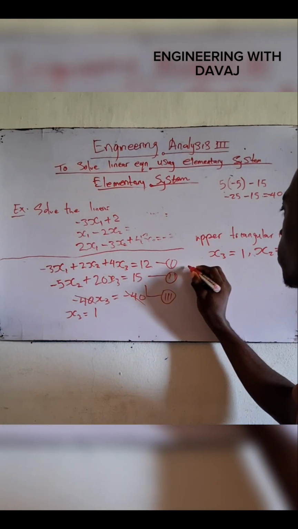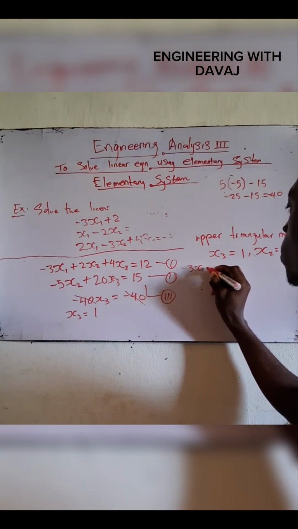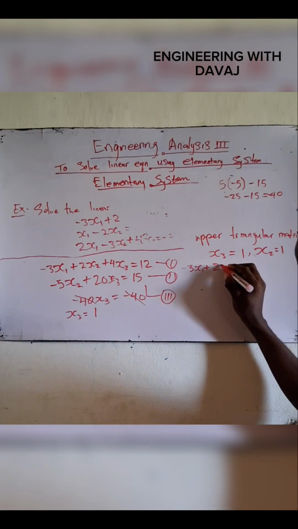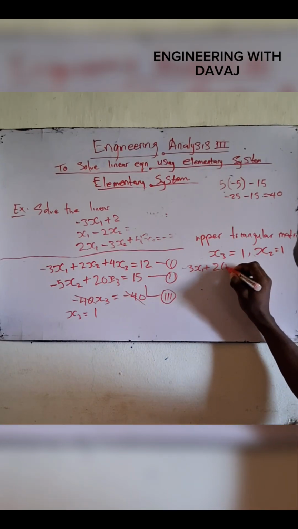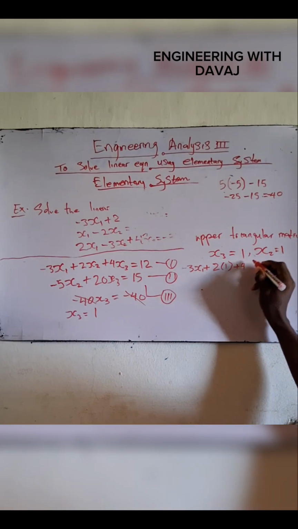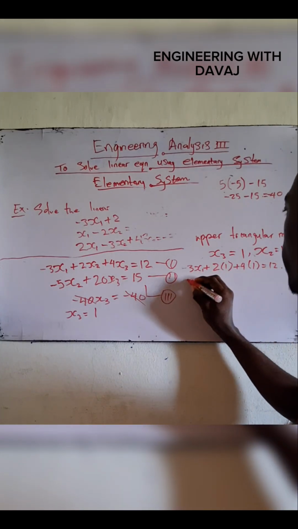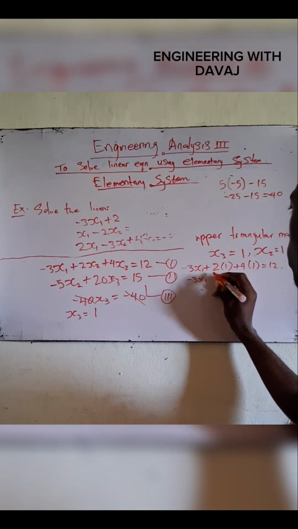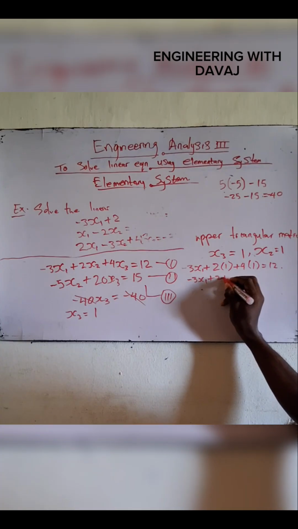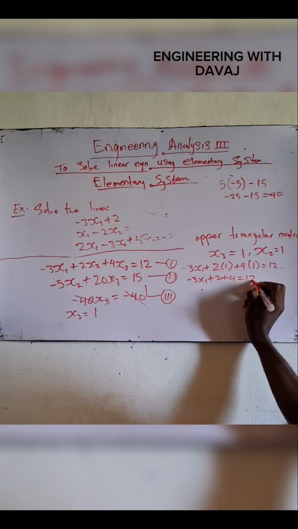So let's go. Minus 3x1 plus 2x2, which is 2 times 1, plus 4x3, which is also 1, equals 12. So minus 3x1 plus 2 plus 4 equals 12.